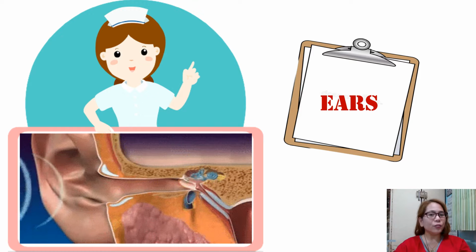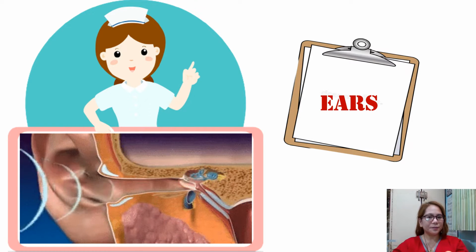Your role as a nurse is to detect if there are changes in the external and the internal ear, and you have to work with the healthcare team to prevent further infection and, of course, to prevent loss of hearing and balance.